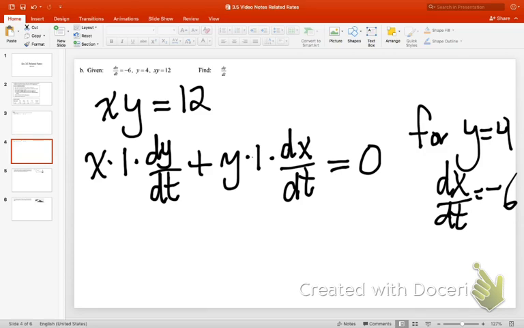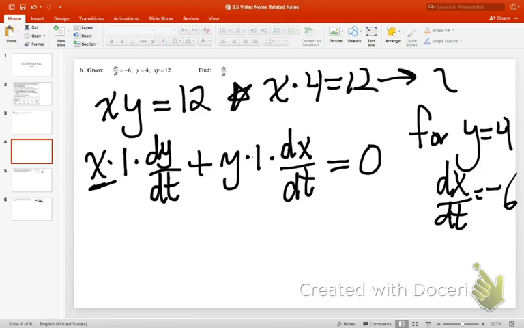So I need a value for x, and I have this relationship between x and y. So using what was given, we can solve for x by substituting in the given value for y and saying, okay, when y is 4, x is 3. All right, so now we have enough information to plug in.